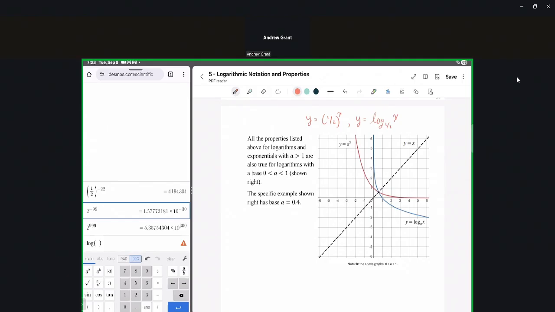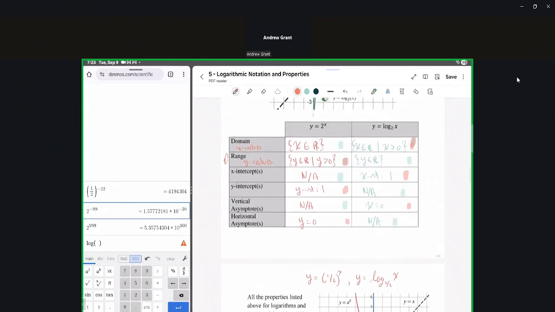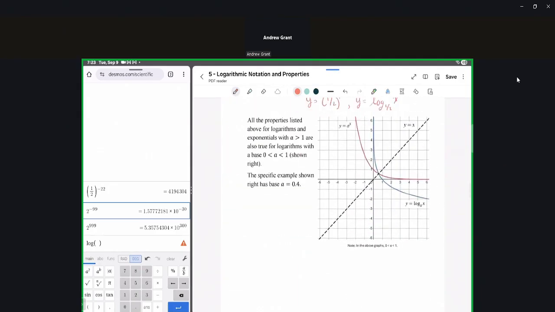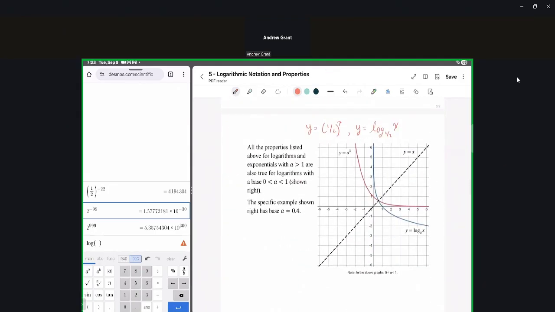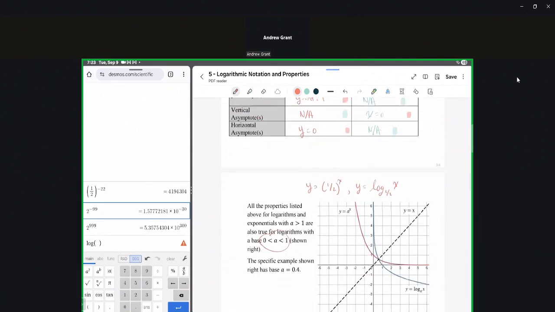All the properties that I talked about with respect to when a was greater than 1 still apply here. In this example, a happens to be 0.4, but this is true for any value between 0 and 1. So the properties are still the same, meaning that we can apply this the same way.